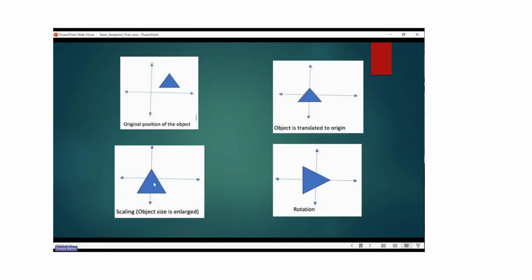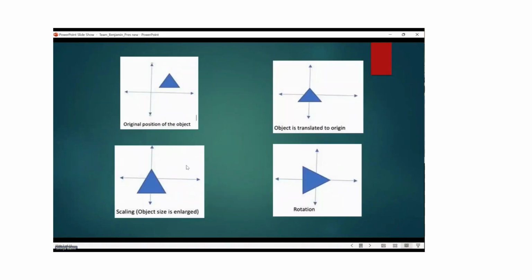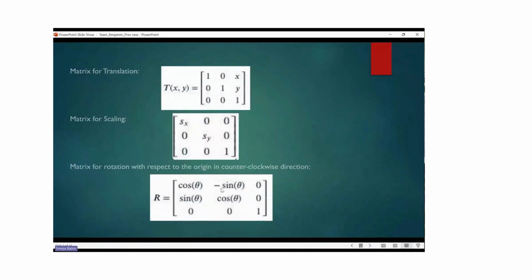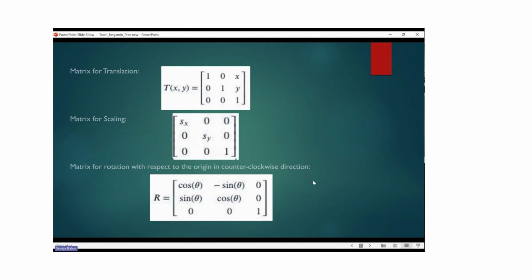Then scaling. This is the matrix for the scaling after translation. Sorry, this is rotation. The final matrix for the rotation, where we have rotated the image in a counterclockwise direction, will be of this form.